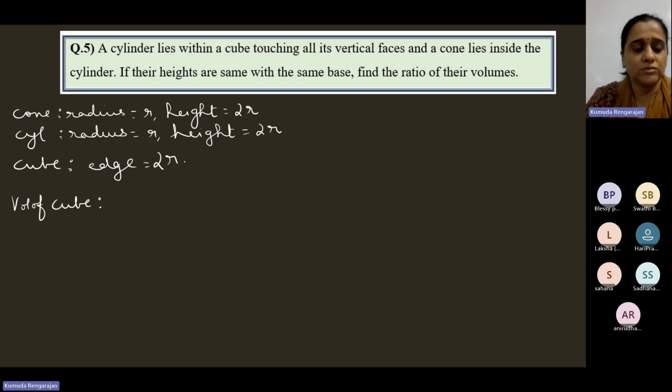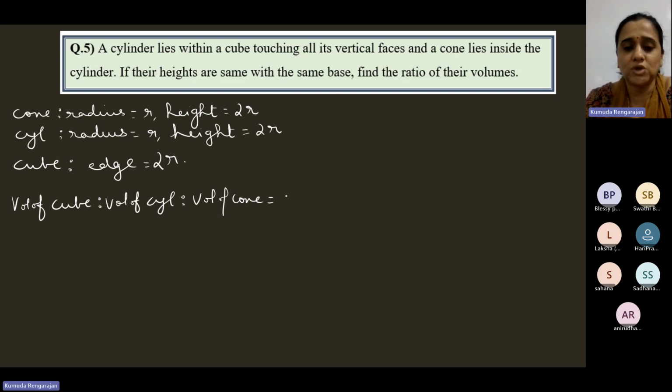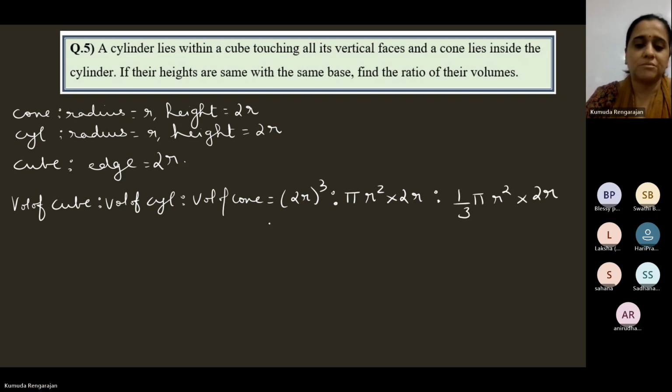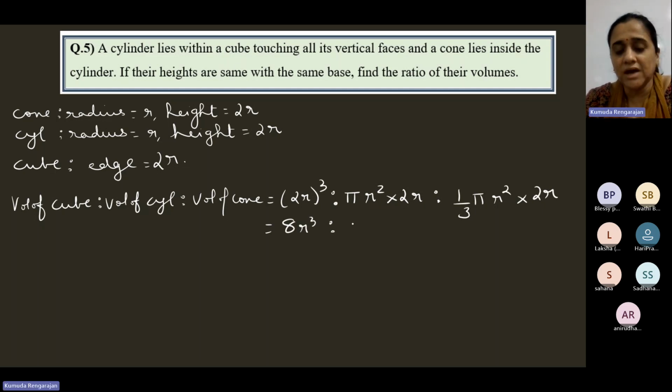Volume of cube is to volume of cylinder is to volume of cone is equal to h cubed, that is 2r the whole cube, is to cylinder pi r square h, is to 1 by 3 pi r square h. So 8 r cubed is to... I said you should use the value of pi because pi is not everywhere.